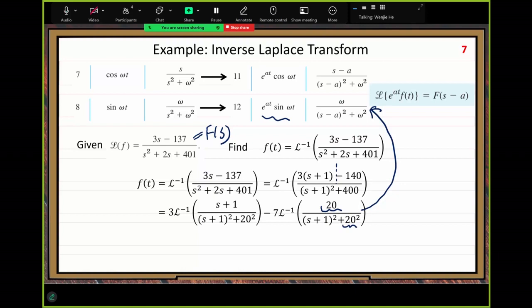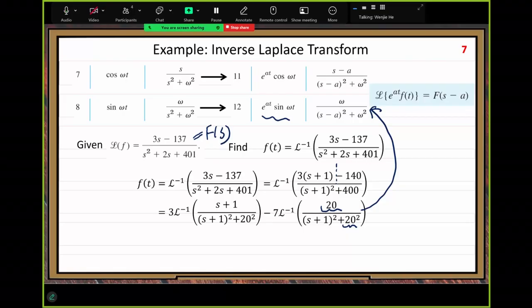From the denominator, omega should be 20, so the numerator should be that same omega number. That's why we need to leave 20 in the numerator. So we only factor out 7. Then we are ready to apply the basic formulas.